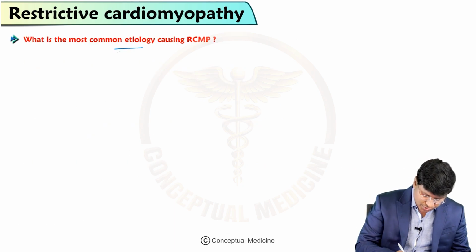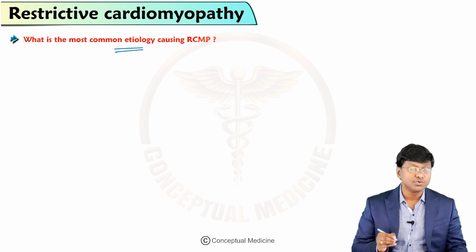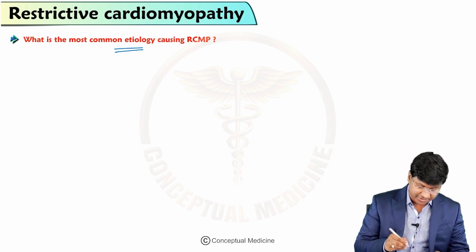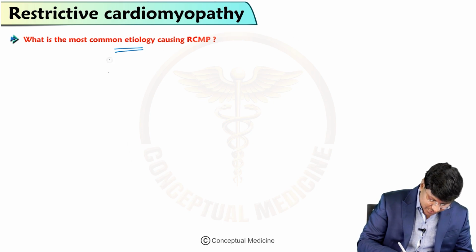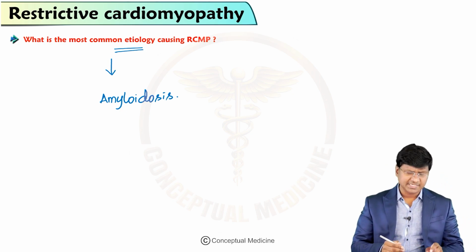What is the most common etiology causing restrictive cardiomyopathy? The most common etiology includes amyloidosis, that is, cardiac amyloidosis. Now, what is amyloidosis?